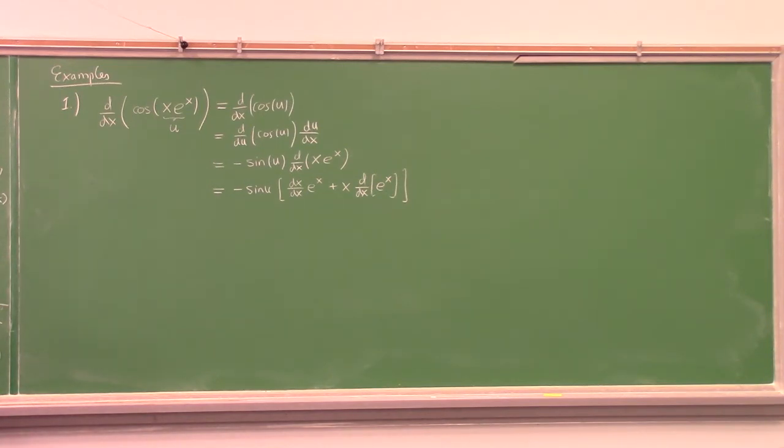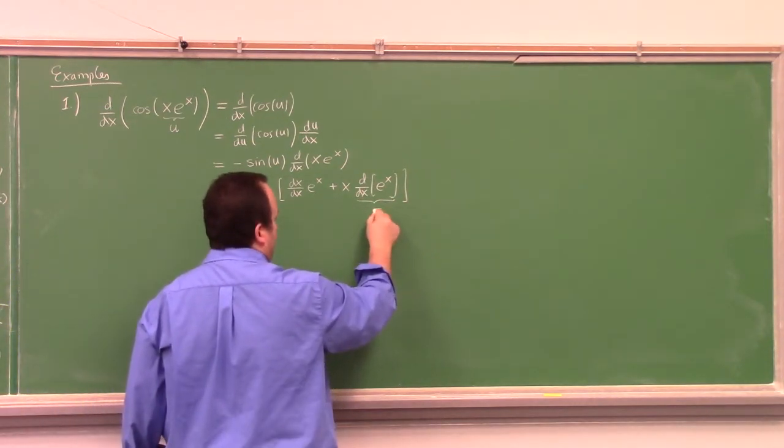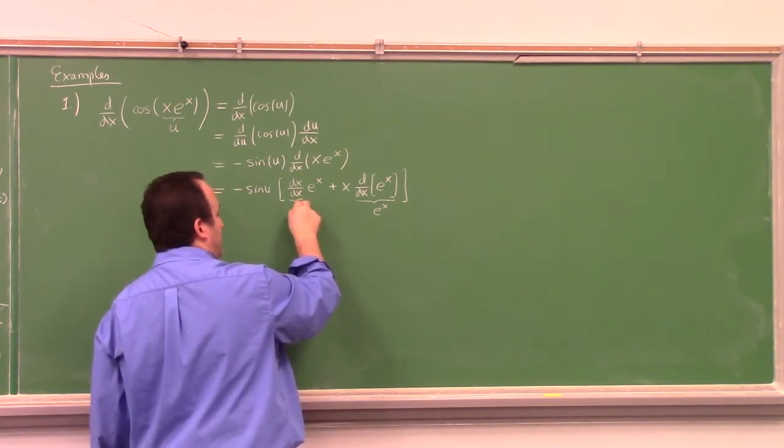But the derivative of e to the x is just e to the x again. Oh, you're saying this one. This one's 1. Very good. Yeah, d dx of x is 1.